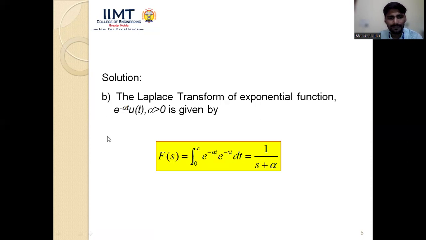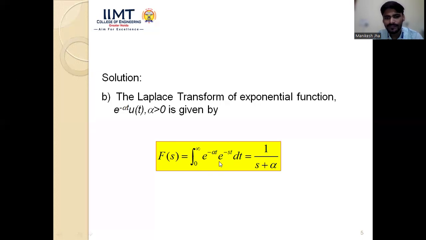So when we take the Laplace transform F(s), it is the integral from 0 to infinity of e to the power minus at, and this is the Laplace domain. When we find the Laplace transform, it is multiplied with e to the power minus st dt. When we integrate it, as we know, when we multiply two functions or two signals, the powers get added.